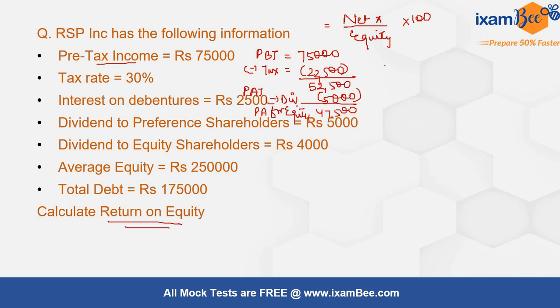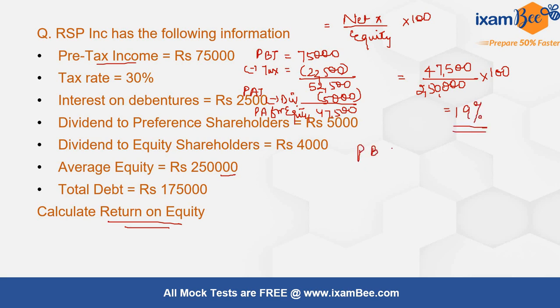Net profit available for equity will be 47,500. Equity, we are having equity of 2,50,000 and multiplied by 100. So if we calculate this, we will be getting an answer of 19%. 19% is the correct answer for this particular question.